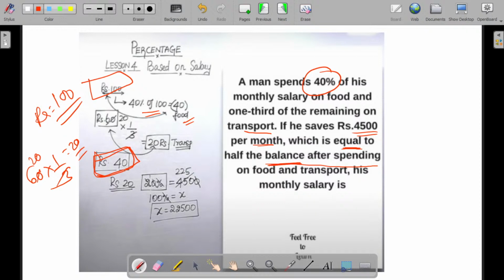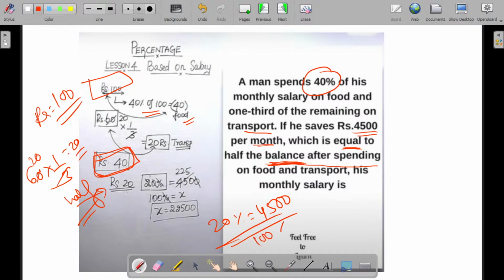So the balance is 40, and half of it is 20. So this 20 percentage is equivalent to 4,500, because they mentioned half of the balance after spending on food and transport. So now 20% is equal to 4,500.